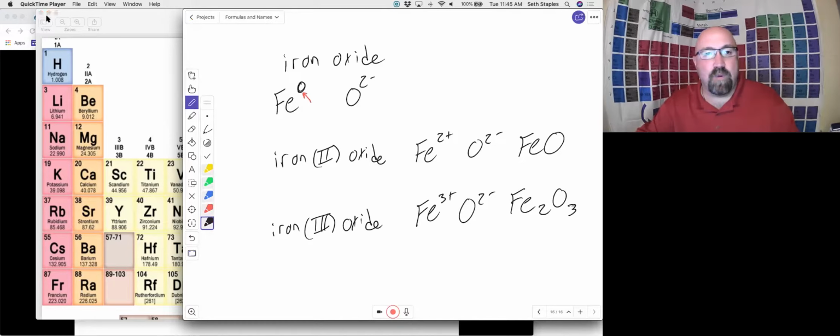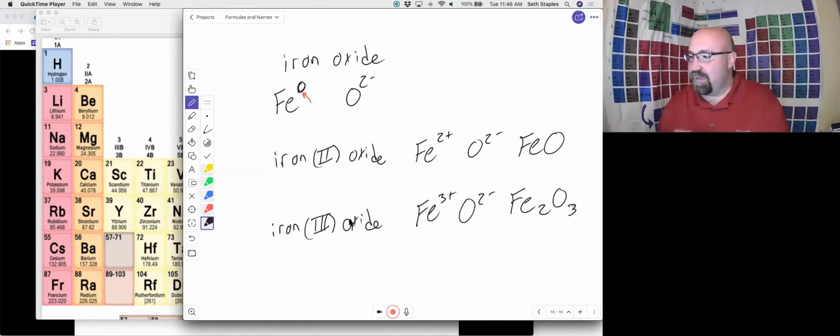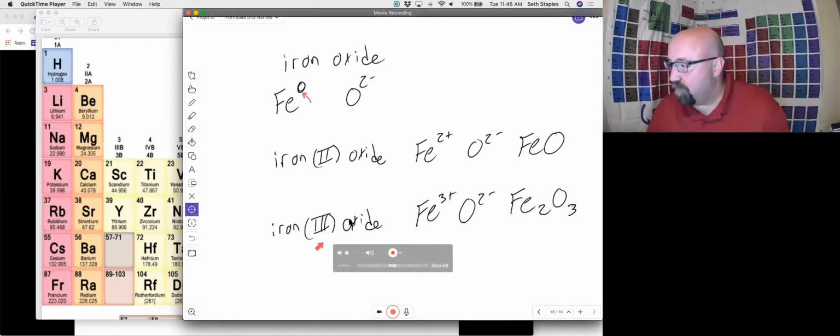And so anytime you're working with a transition element, anytime we're talking about any of these transition elements in the middle, or in fact, our larger metals down in this region, especially tin and lead, we'll run into quite a bit. Anytime you're working with any of these metals here, you absolutely must include the charge as part of the name.